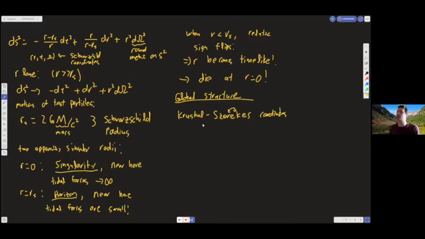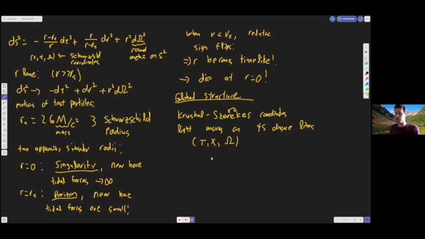In these coordinates, the key point is that they're coordinates where light moves on 45-degree lines. And so instead of talking about r and t and omega, we instead talk about capital T and capital X and capital omega.